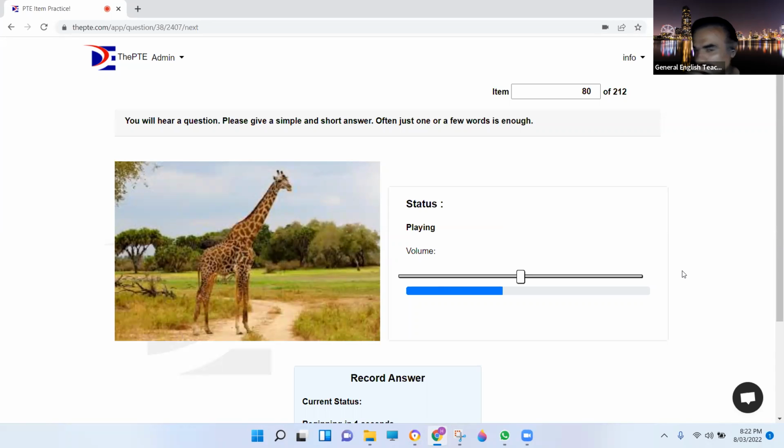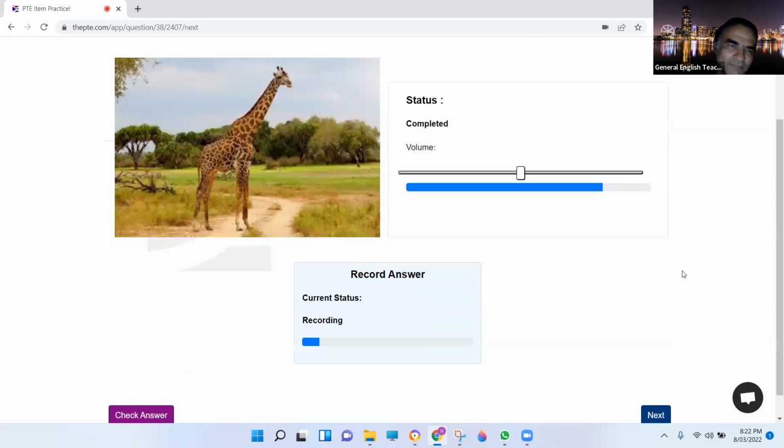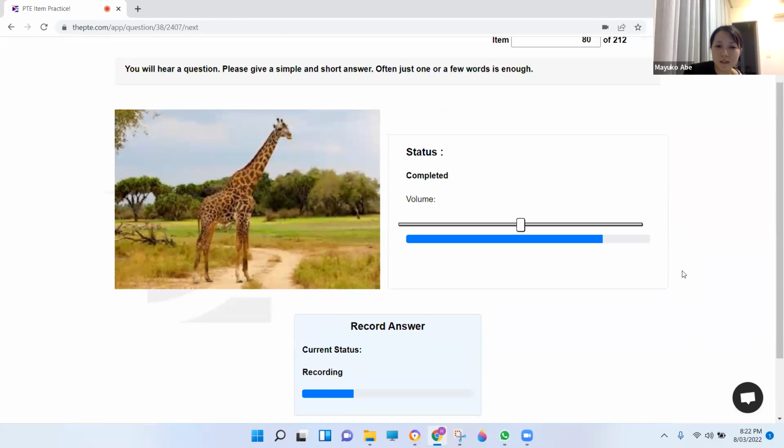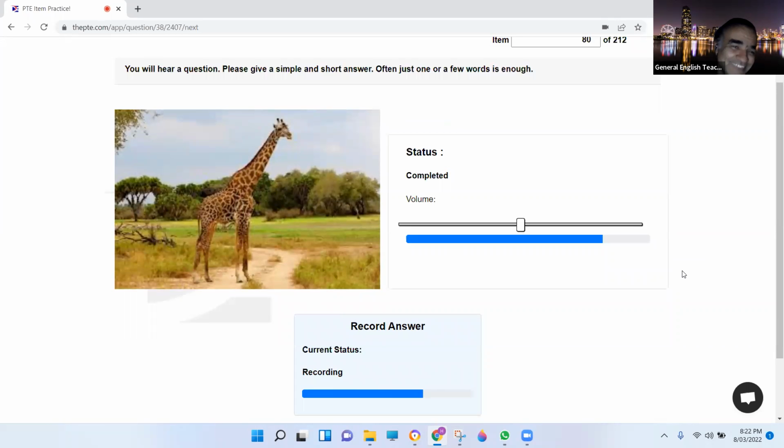What is the name of this animal? Giraffe. Very good. Yes. How do you say that in Japanese, Mayuka? Kirin. Really? Yeah.